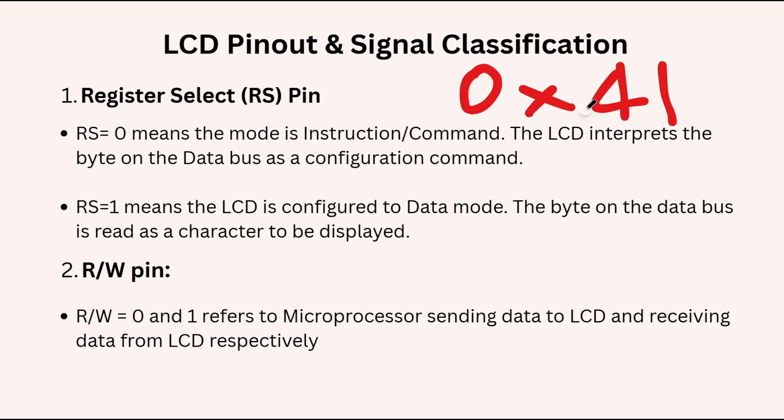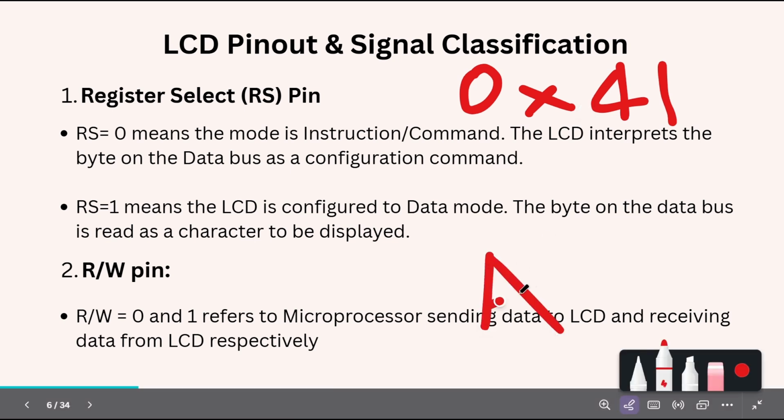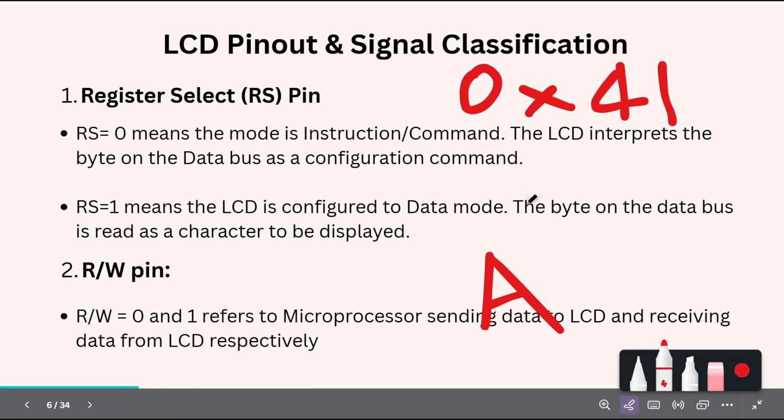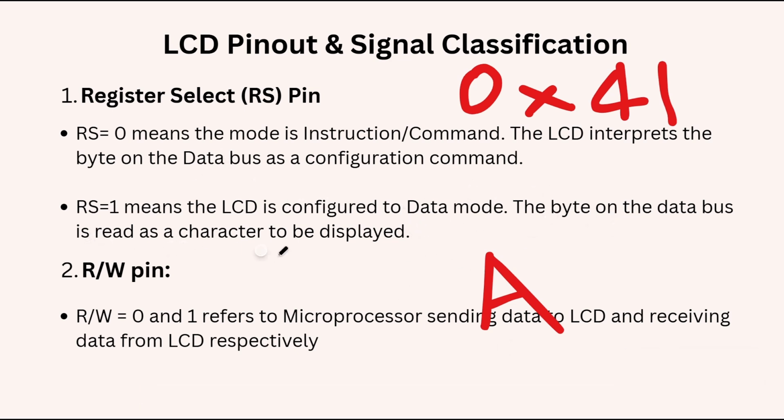Then this character A will be displayed wherever the cursor points to. After that, the cursor automatically advances to the next position. This is almost like a stack pointer in an 8085 microprocessor. And this distinction is the most fundamental concept in programming this LCD. Every interaction with the LCD is either a command or data that is to be displayed.